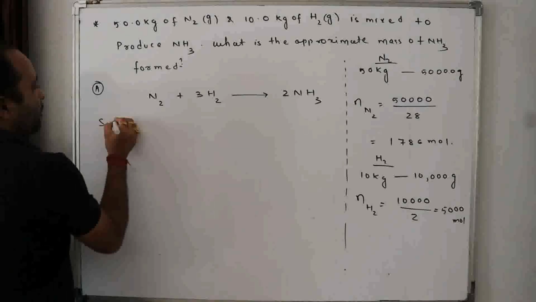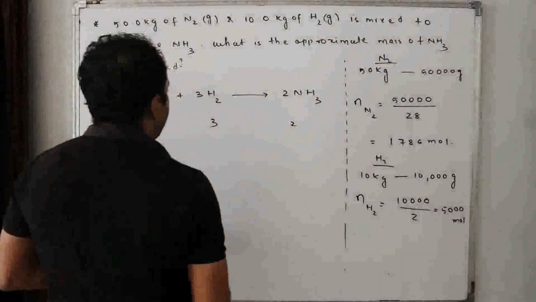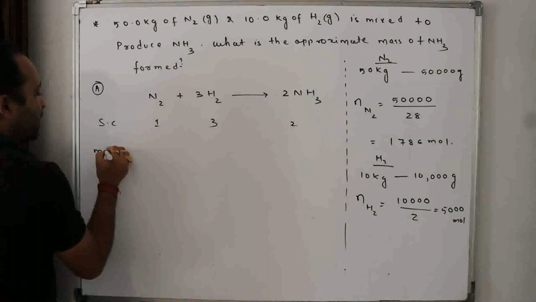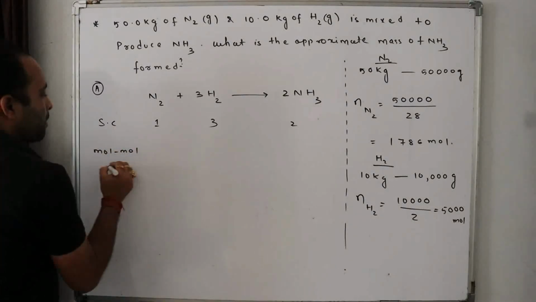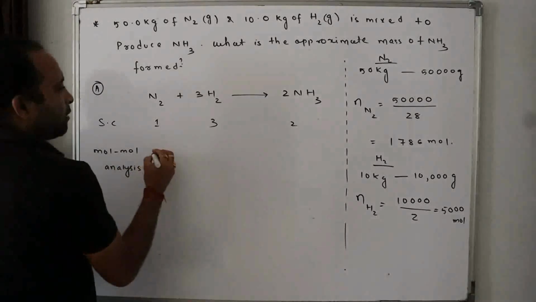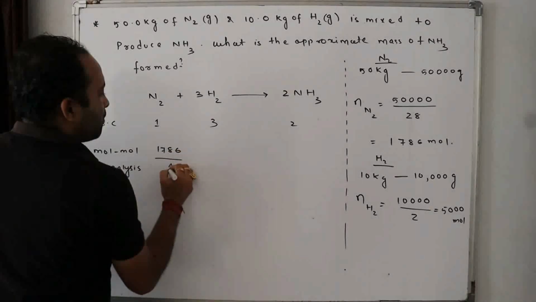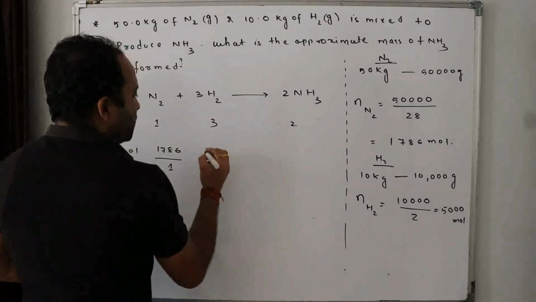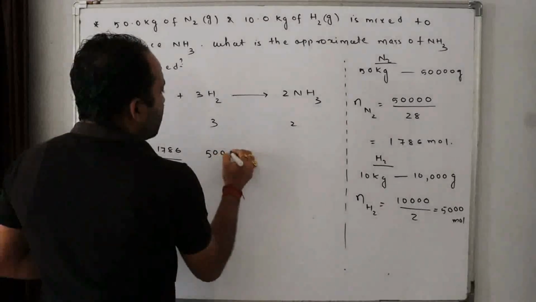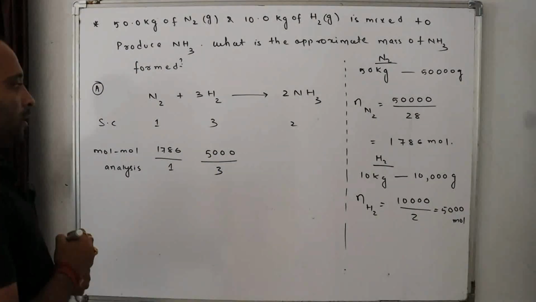Here, what is the stoichiometric coefficient, beta? 1, 3, 2. If I go for mole analysis, it is how much? 1786 by 1, and this is 5,000 by 3. Clear?